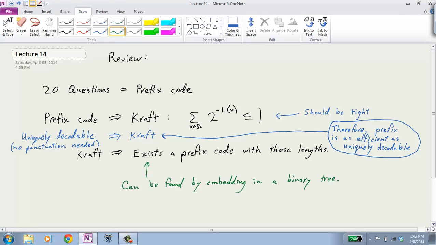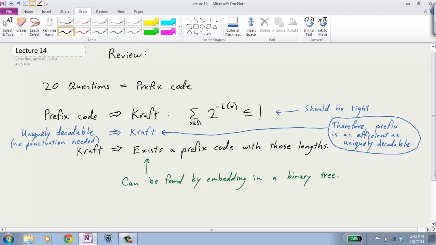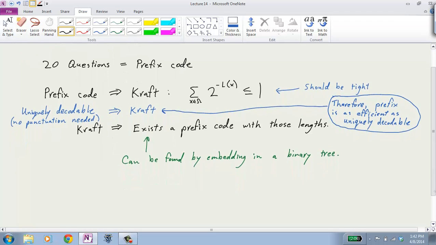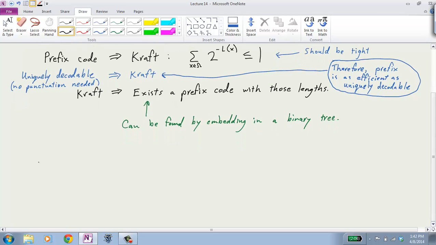So we'll do that example momentarily, but let's recall a few other things. Overview. We saw that the Kraft inequality implied that the expected length of x is greater than or equal to the entropy.